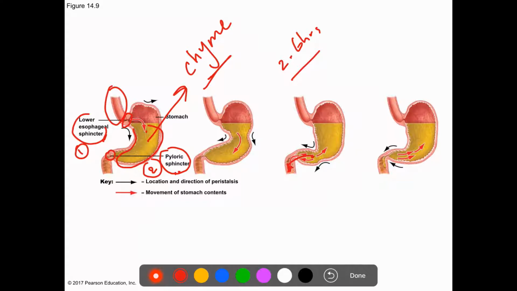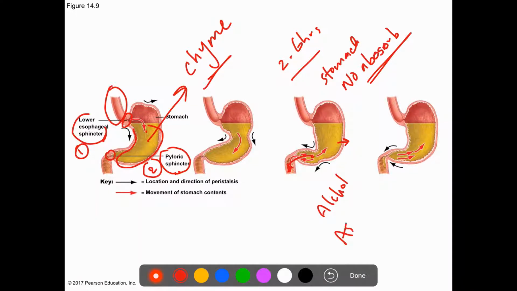And it's very important to notice that in the stomach there is no absorption. Stomach does not absorb any nutrients. However, there are some materials that can be directly absorbed or escape the stomach wall, like alcohol and aspirin and even honey. All can escape directly through the stomach wall and go directly to the blood.